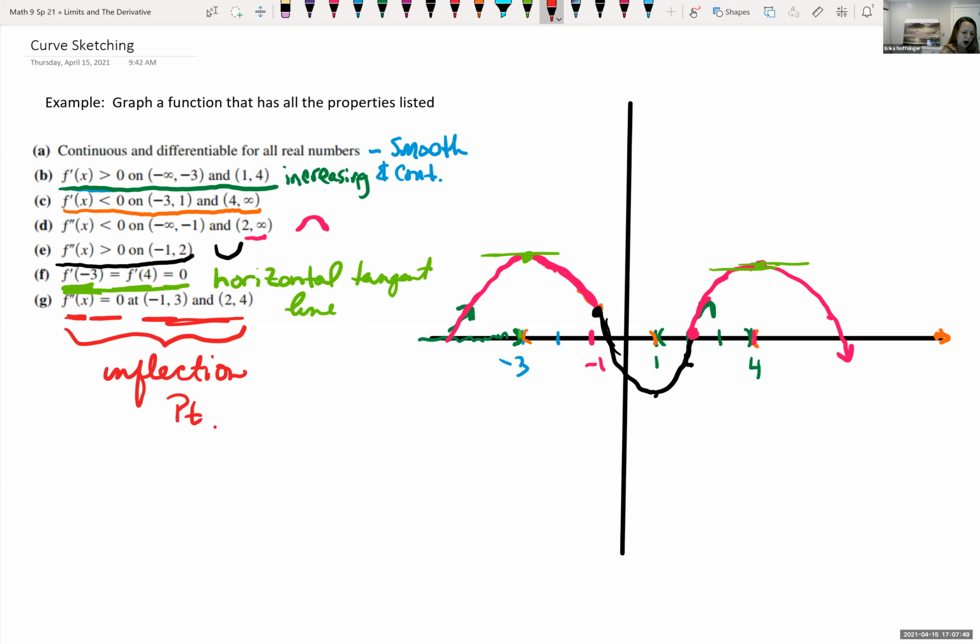So at -1, +3. Well, you know what we can do? So this is -1. We can go 1, 2, 3. Make that a 3 right there. And then at 2, 4. Okay, well, my inflection point I had on the x-axis there.